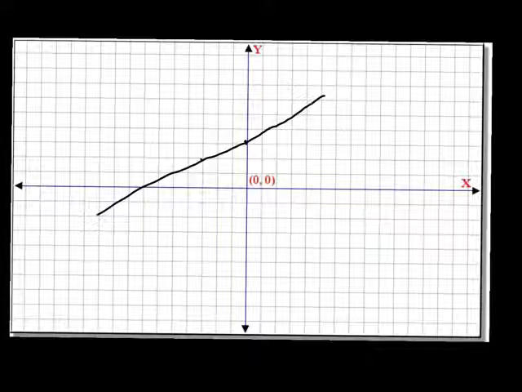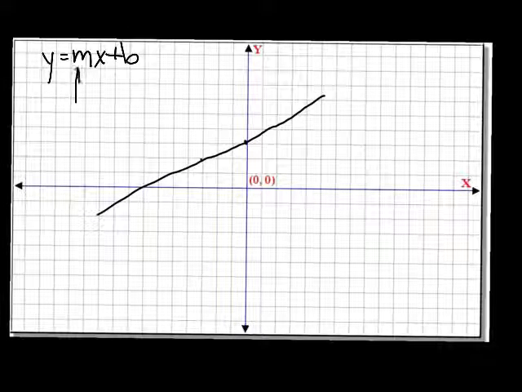They're asking us to write an equation. Well, in order to write an equation, let's write the slope-intercept form. In order to write an equation, we have to know the slope, and we have to know where it crosses the y-axis. Once we know those two things, we can write the equation. That's always the way it is. You have to know the slope, and you have to know the y-intercept.